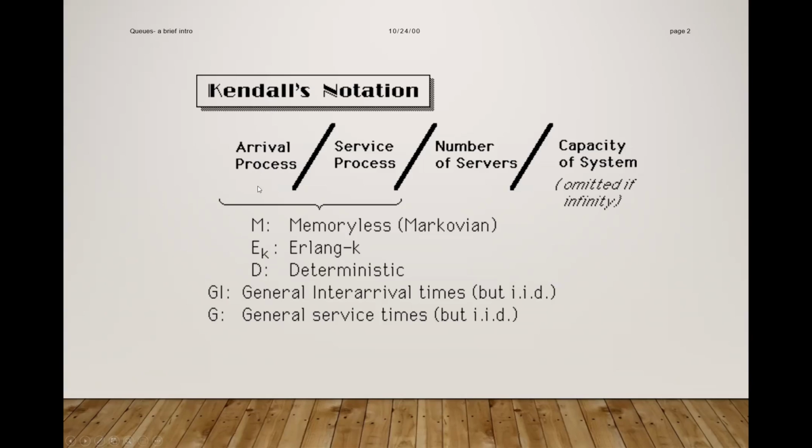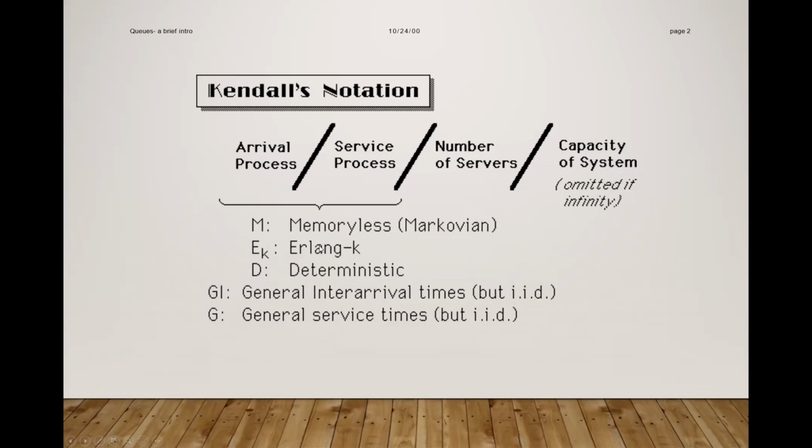We have some implications. For example, if it is a Poisson process, then there's an implication on the inter-arrival time. So the inter-arrival time is the time between two successive arrivals. Okay, but we can also have, aside from memoryless or Markovian, an Erlang K. Okay?